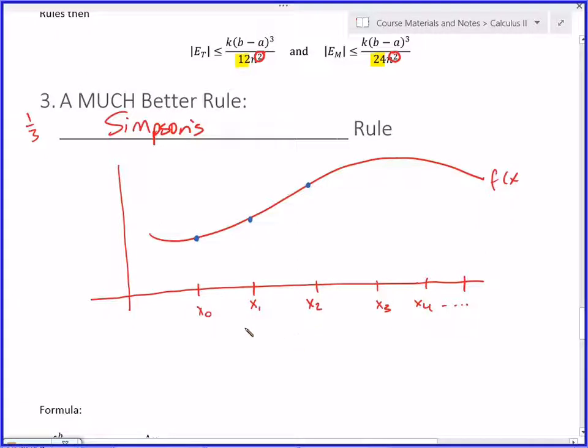We take 3 points, group these two subintervals together, and we fit a parabola to these 3. Why a parabola? Well, 2 reasons. Parabolas have this equation right here.